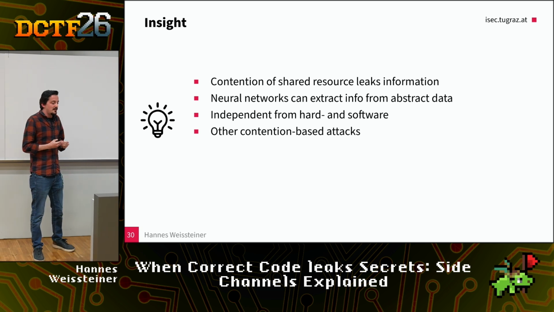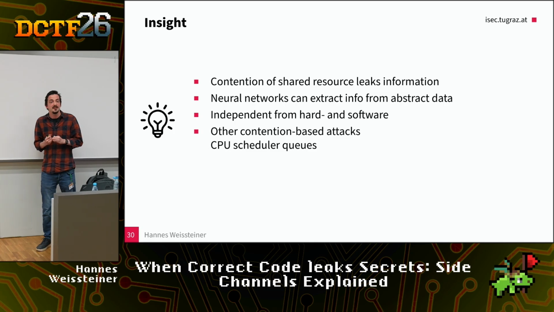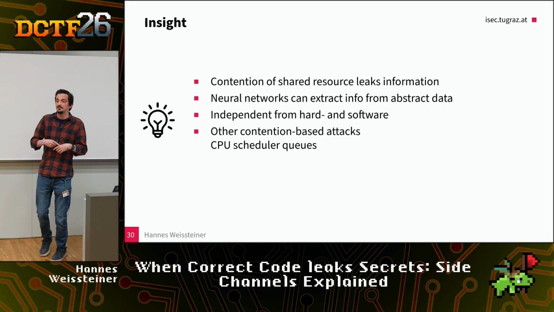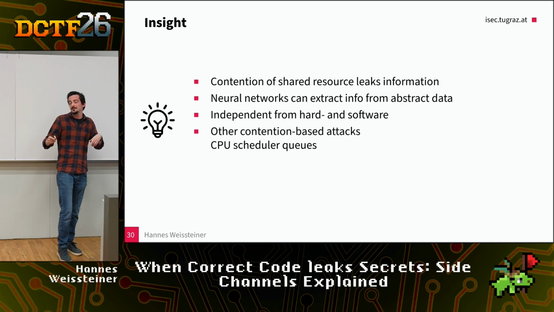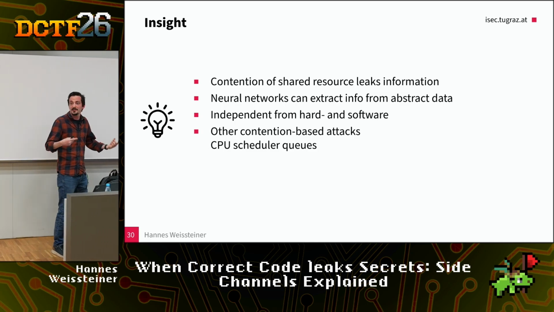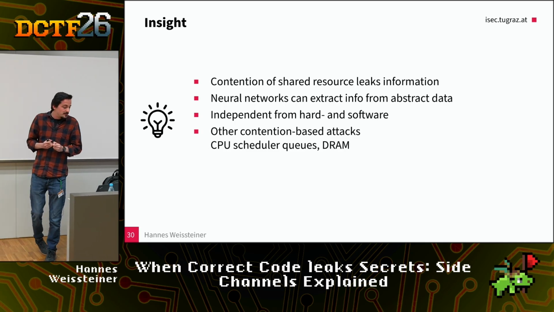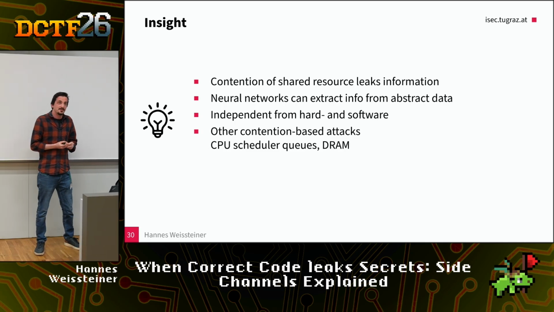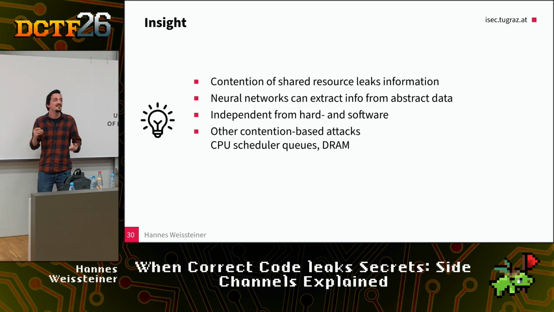Other contention-based attacks include, for example, CPU scheduler queues, where they scheduled a bunch of multiplication instructions to track whether other hyperthreads on the same core were also multiplying something to recover cryptographic keys. DRAM also has contention. This is commonly used for rowhammer research to reverse engineer address mappings.